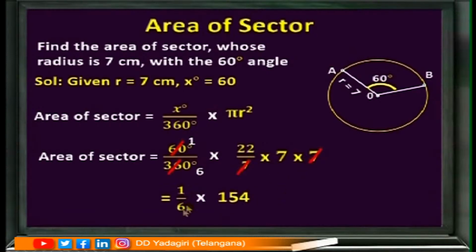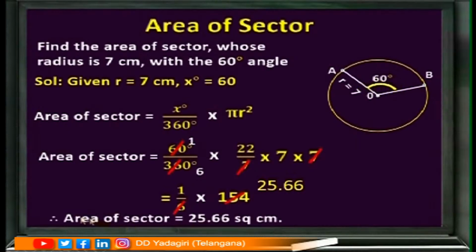If I cancel, 6 1s are 6, 6 2s are 12, 6 5s are 30, and so on. So that means 25.66 is the area of the sector where the angle between the two radii is 60 degrees. Therefore the area of sector is equal to 25.66 square centimeter.